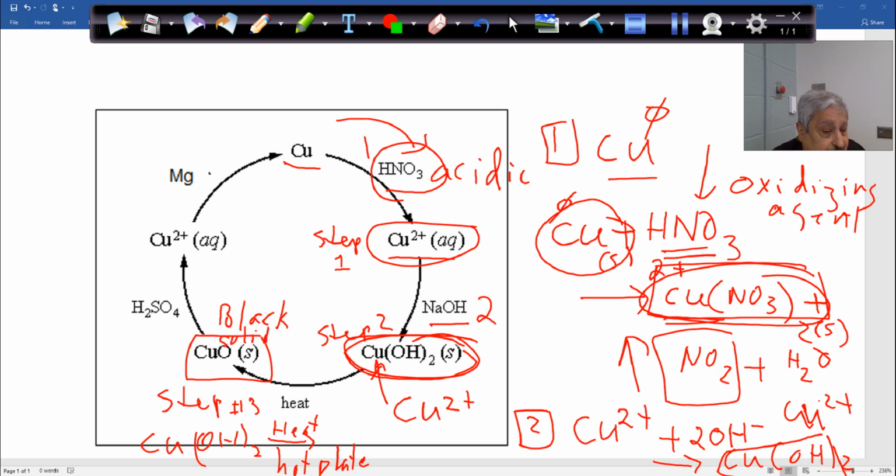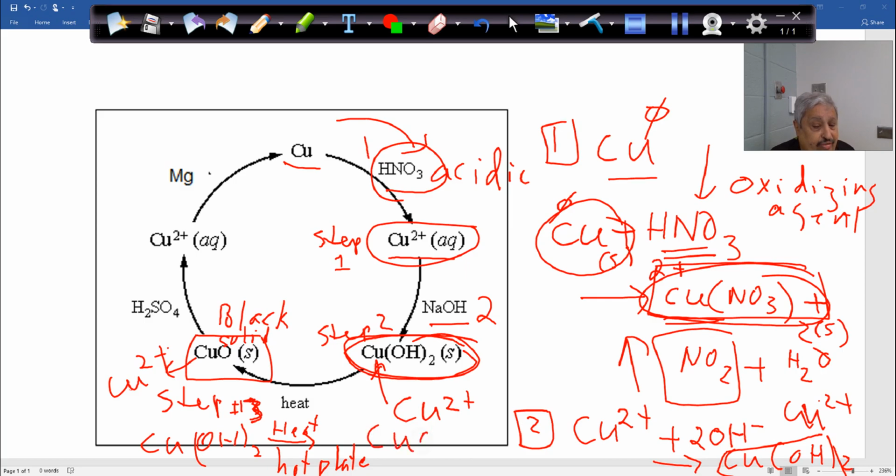But copper is still copper 2 plus. Copper 2 is still in the cycle. So, we did not change anything in the oxidation number of copper in step number 3. Still copper 2 plus. Okay guys? So when you heat it, you get what?